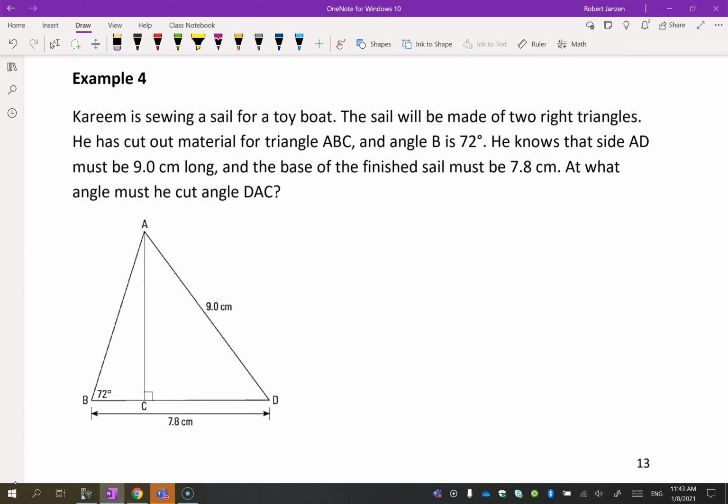Okay, so let's find something that we can find. If I look at this triangle, I have angle B and I have side B. I don't know angle D and I don't know side D, so I can't do that one. But because I have side A, I can calculate angle A. So let's start by doing that.